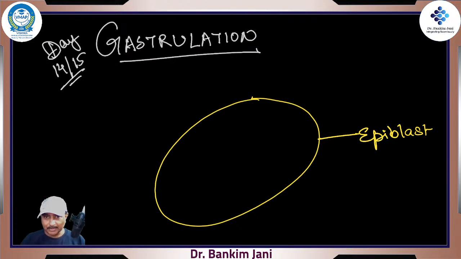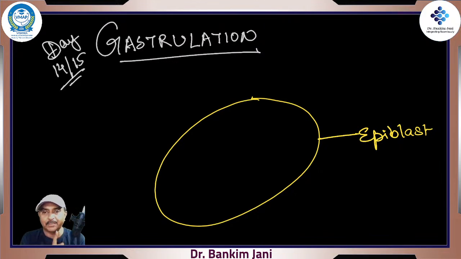Now in this epiblast, which side is the head end and which side is the tail end, no one knows. Till this point of time, it is not possible to figure out which side is head or tail, or which side is the cranial end and which side is the caudal end.